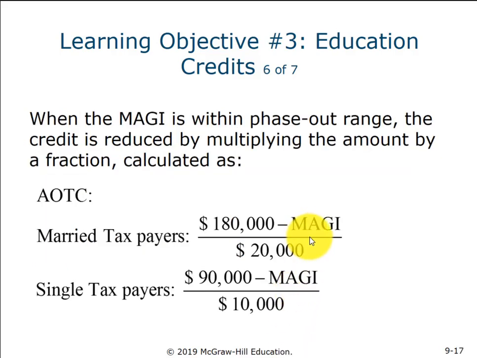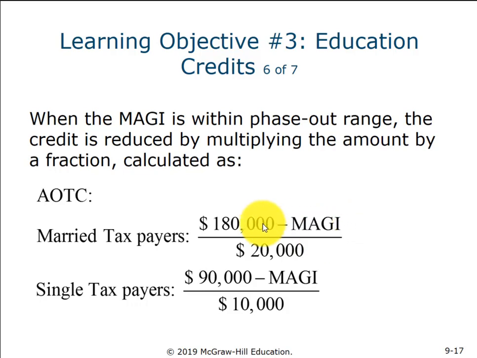So how do you figure out the amount? This calculates how much of the credit you get to keep. You're only applying this if your AGI, or modified AGI, and the only modification is some foreign source income issues.